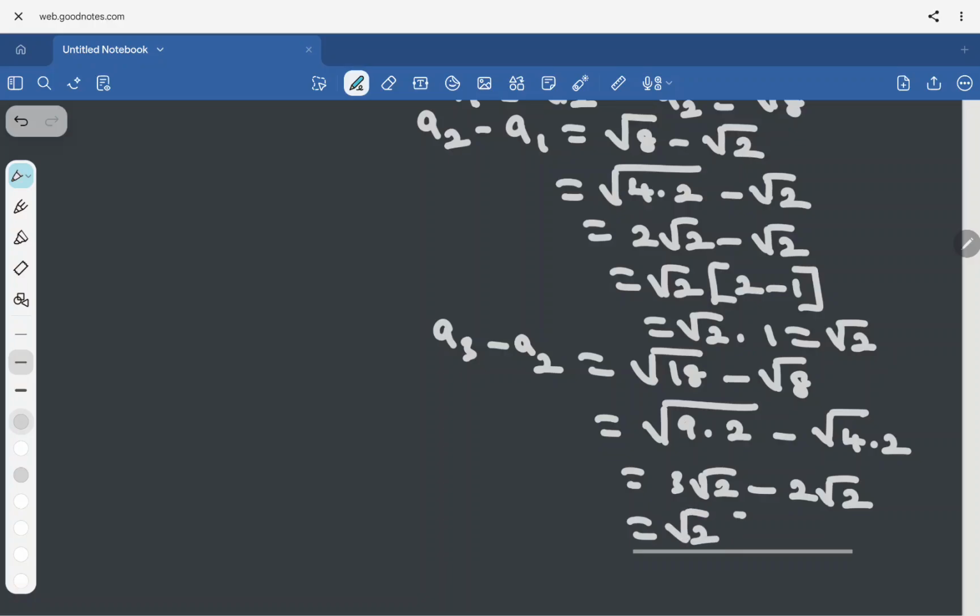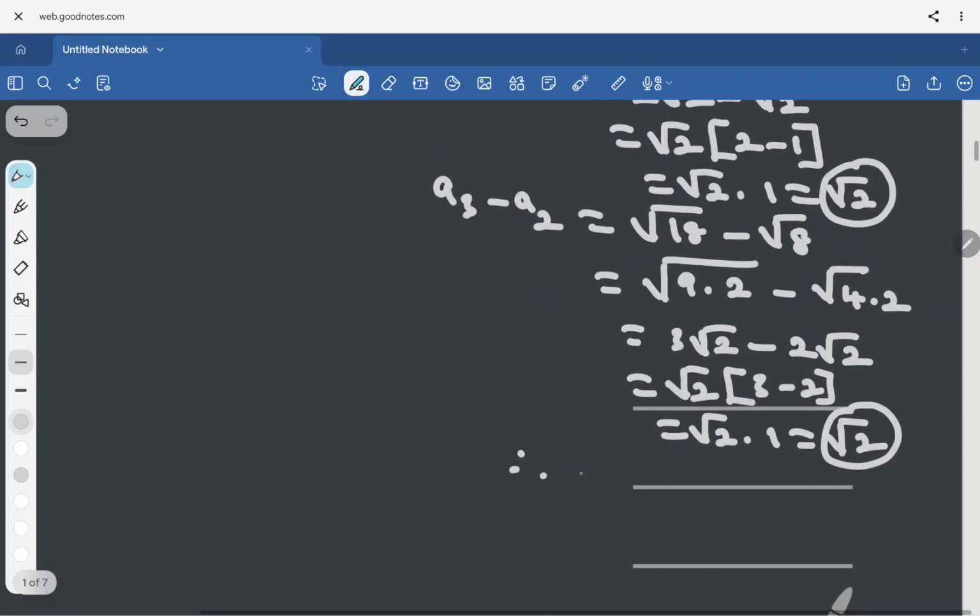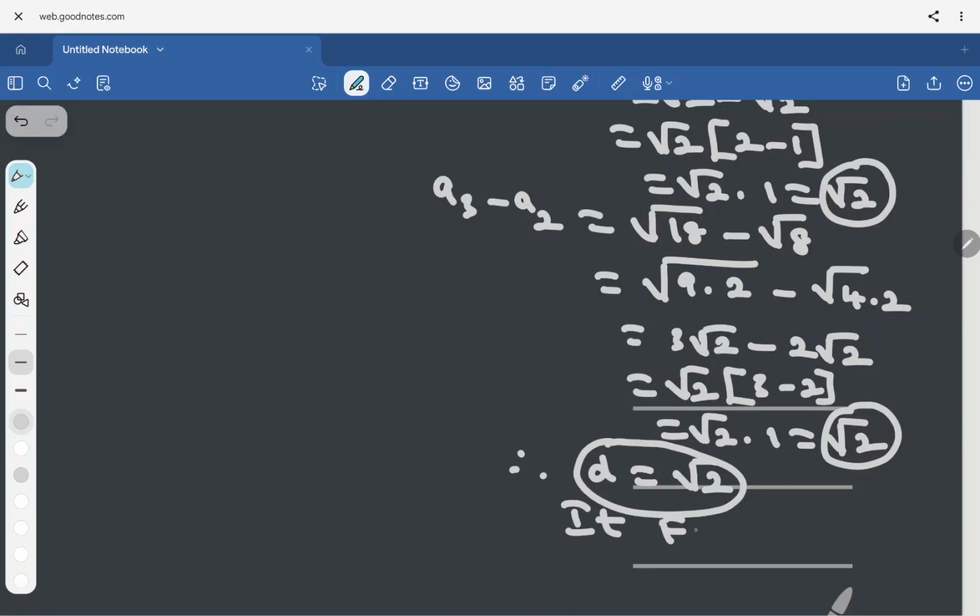Take root 2 outside, 3 minus 2, root 2 into 1, root 2. See here, a2 minus a1 is same as a3 minus a2. Here common difference is same, constant, equal. Therefore d equal to root 2. It forms an AP.